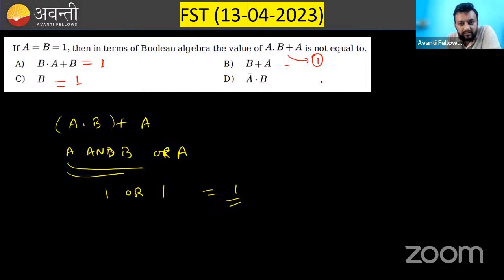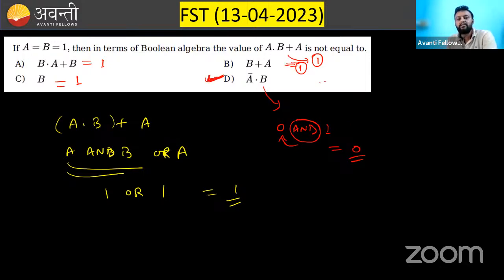B plus A is 1 again. In this case, if you talk about A bar, it is 0 and B is 1. So if you use the AND function and any of the inputs is low, then the output will also be low. So this A bar B will give you 0 output.